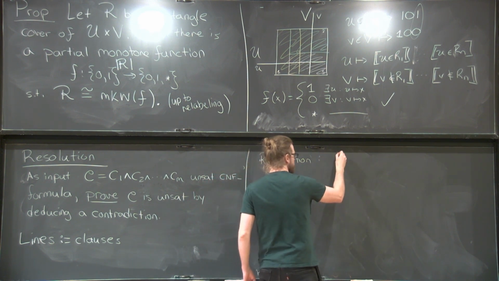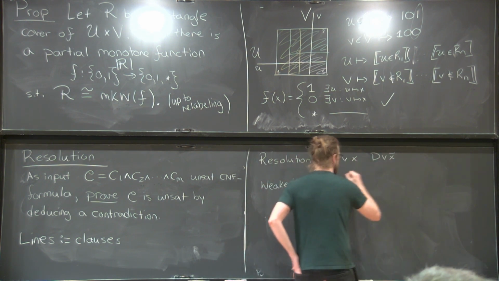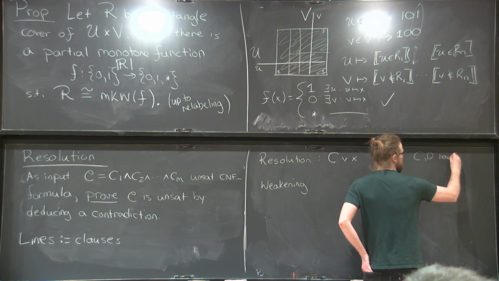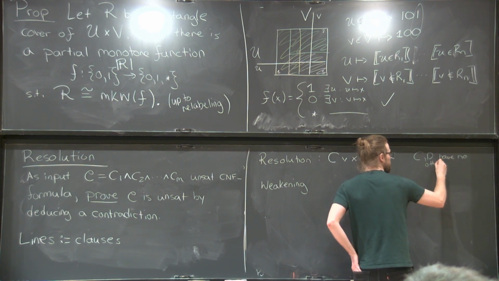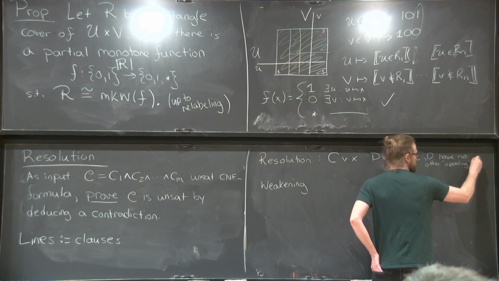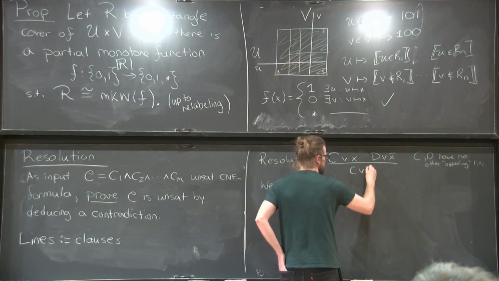The resolution rule says if I have C or x, and D or not x, and C or D have no other opposing literals, then from this you can deduce C or D.